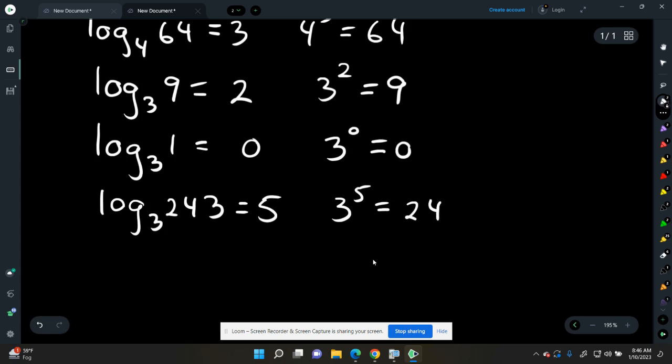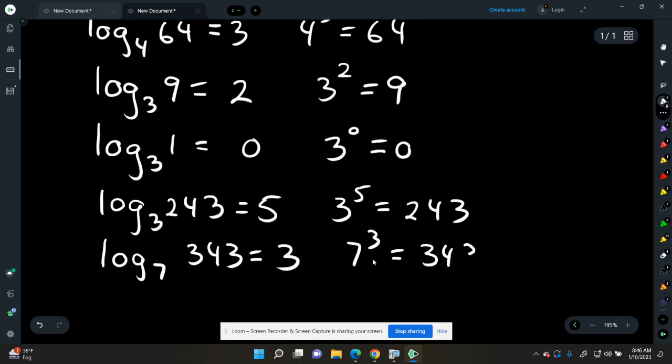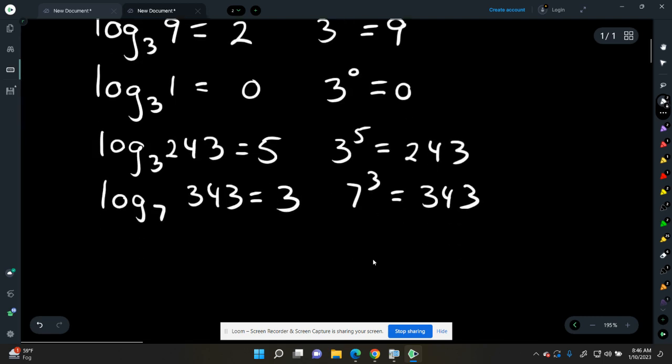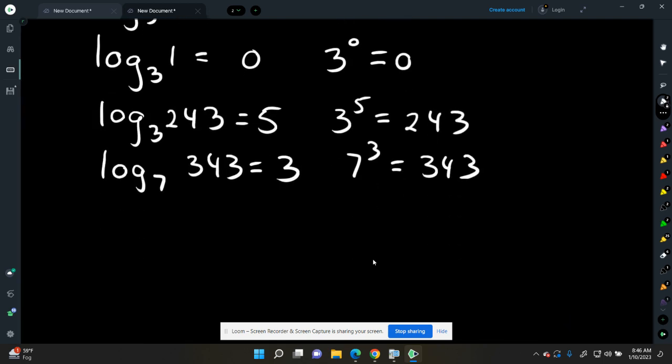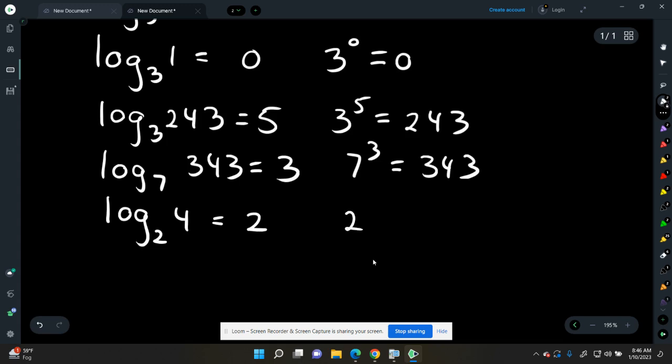Yes, 3 to the 5th equals 243. Alex, log base 7 of 343. 3. Why is that? 7 to the 3rd equals 343. There you go. And then, Annalie, how about log base 2 of 4? 2. Because 2 to the power of 2. There you go. Excellent. Any question on that worksheet?